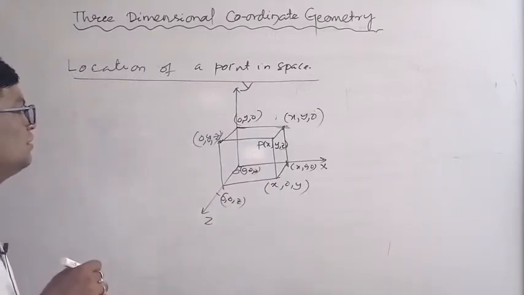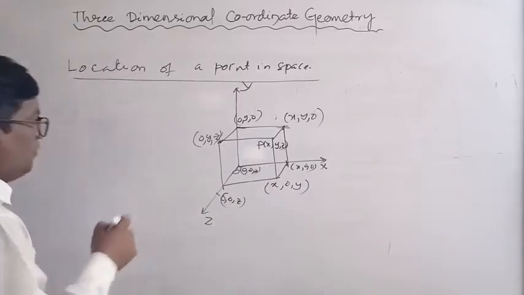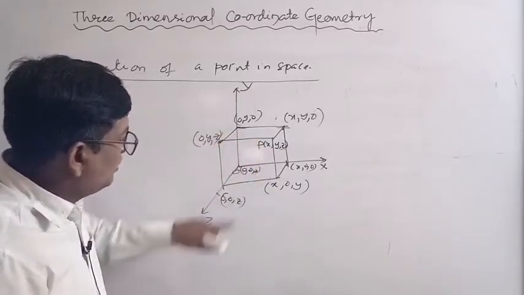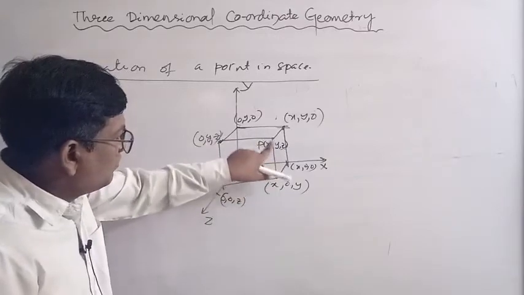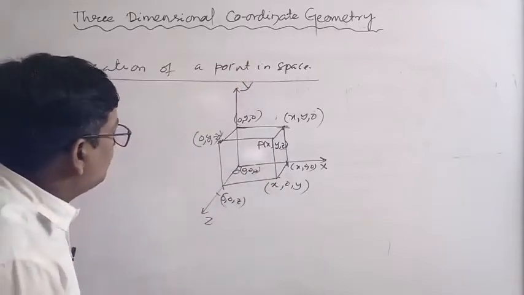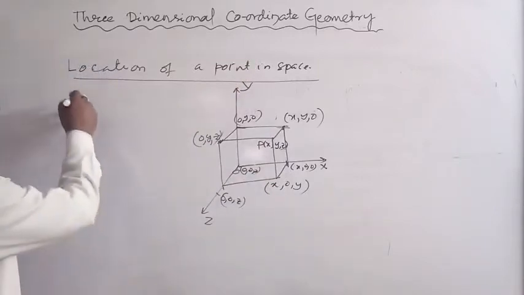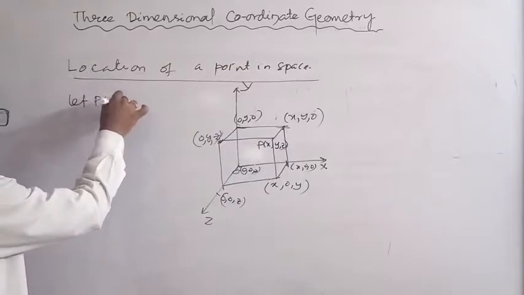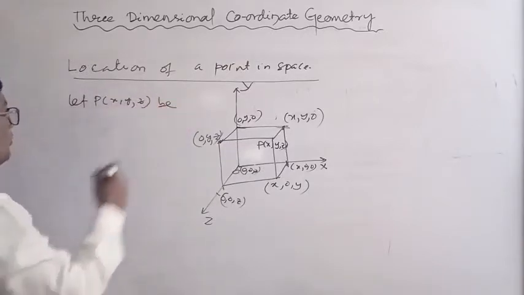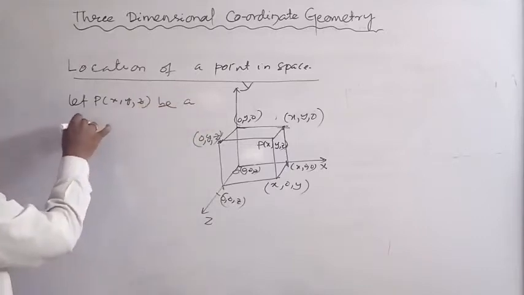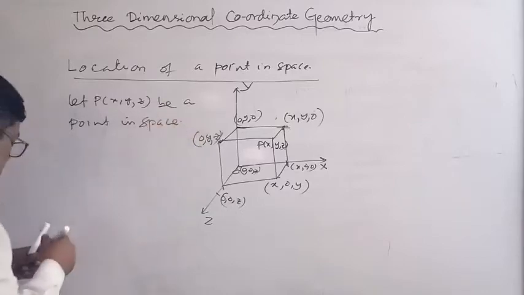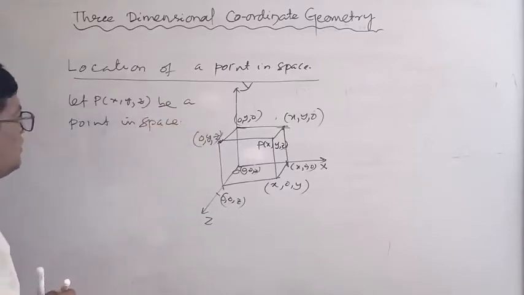So what is the distance of the point from the plane? The point is located at y distance from the xz plane. So let P of x, y, z be a point in space. Now mod x is equal to what?